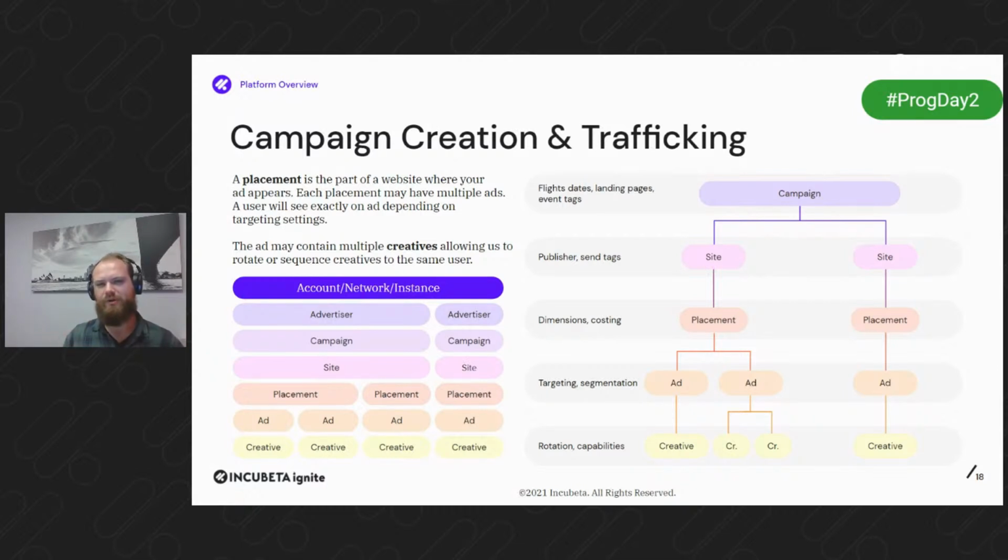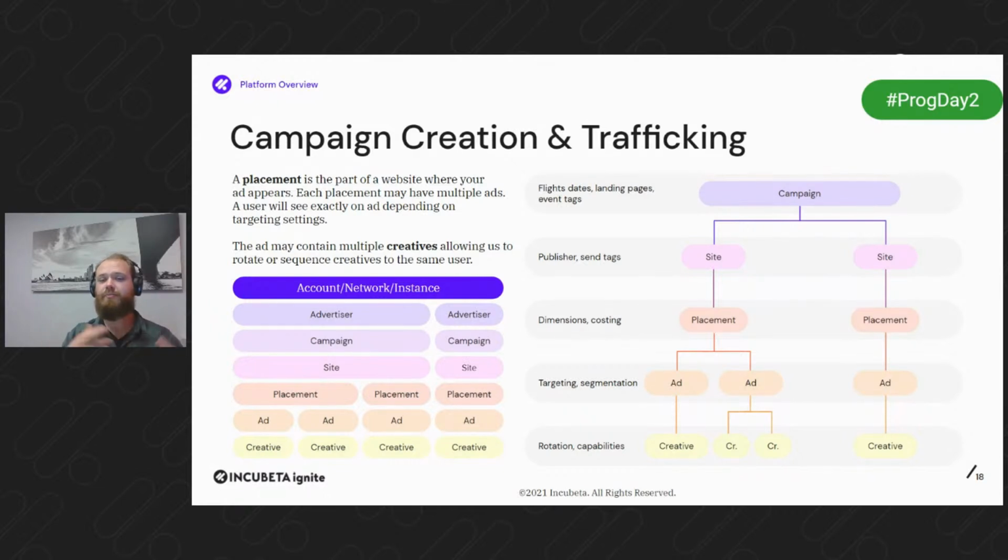Underneath that is our advertiser, where we have our floodlight configuration, which is our tracking configuration for a specific user journey that fits within our business unit. Then we have our campaign, which is usually the execution of a media plan. You would start with a multi-channel media plan, and each line item would have a corresponding Campaign Manager placement or tracking asset, mirroring that media plan's line item structure.